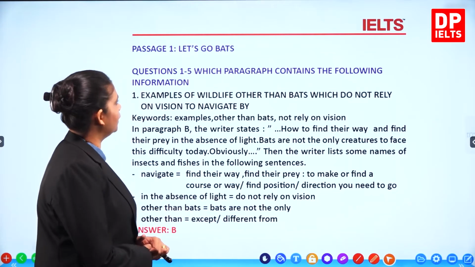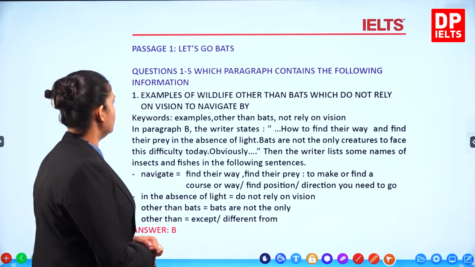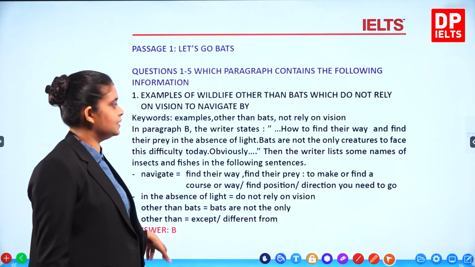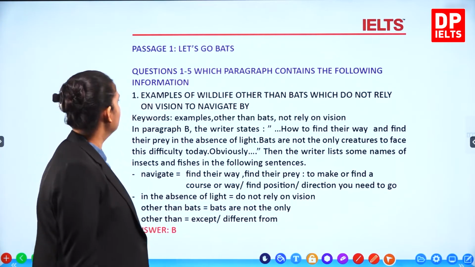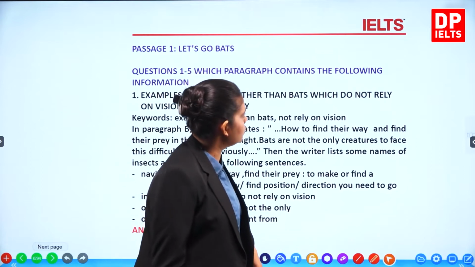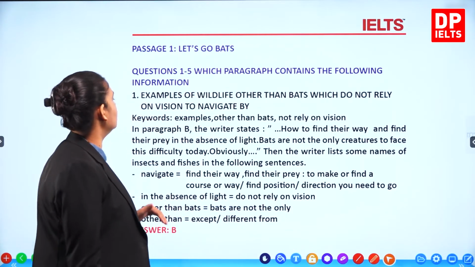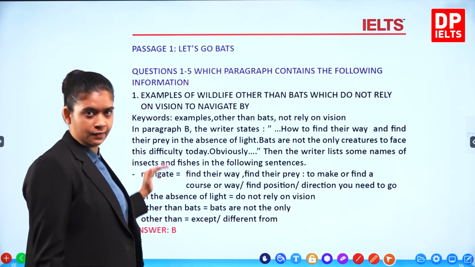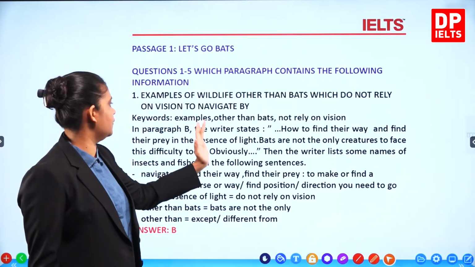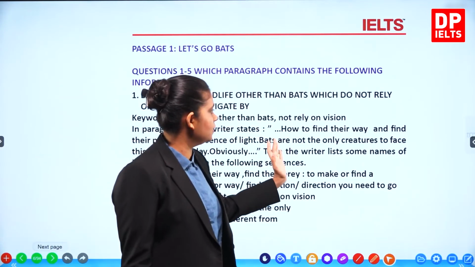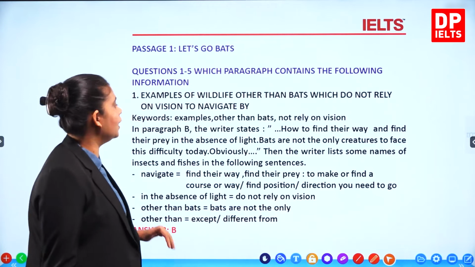Questions 1 to 5. Which paragraph contains the following information, right? So you can see the answer is B. Now, examples of wildlife other than bats which do not rely on vision to navigate by. So, keywords. I put down here the keywords for you: examples other than bats, not rely on vision.